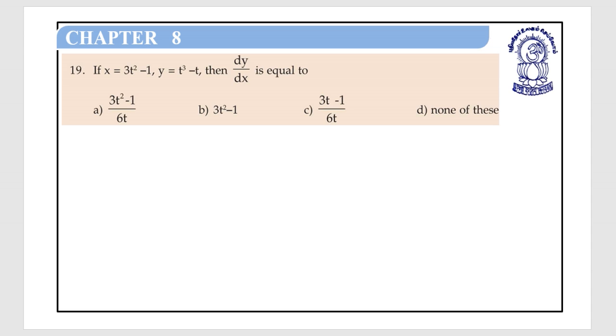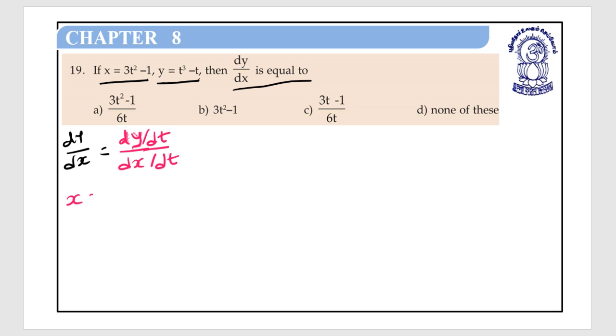Next question, question number 19. If x is equal to 3t square minus 1, y is equal to t cube minus t, then dy by dx is equal to... dy by dx is equal to dy by dt upon dx by dt.